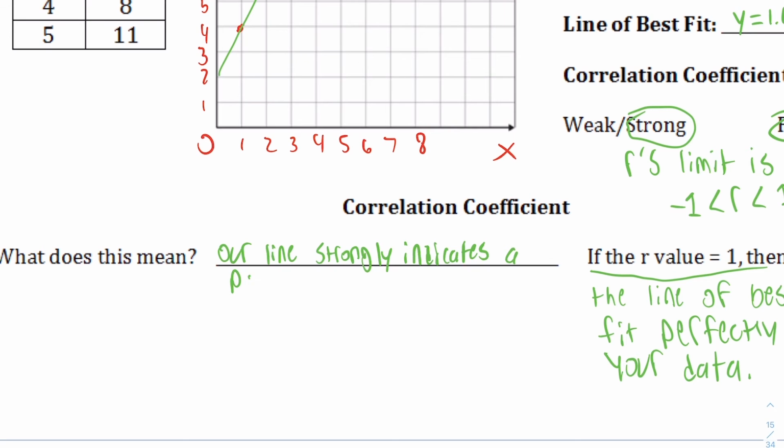In math, you don't just make statements, you make statements based off of facts. So you need to include your R value there.